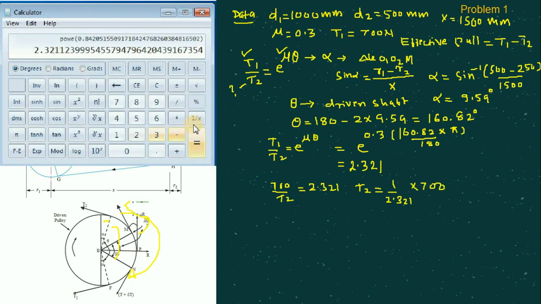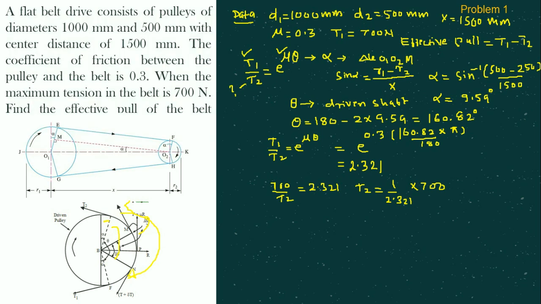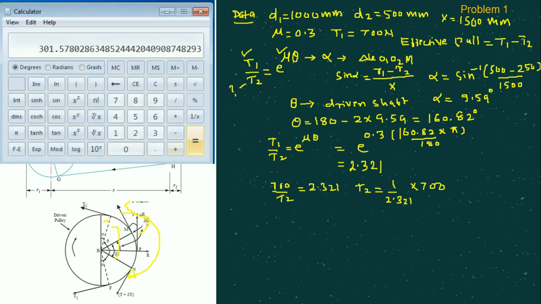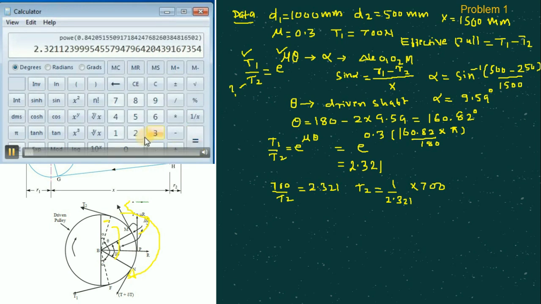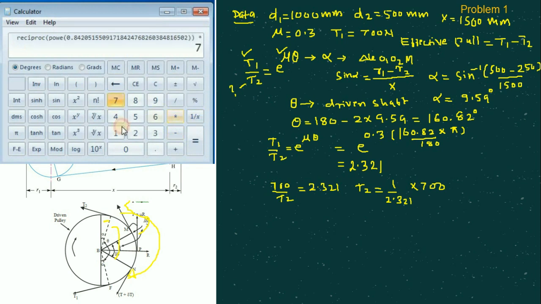Let's calculate this. Reciprocal I am taking here and multiplying it with 700, the value comes out to be 301.57. Let's write this one here.